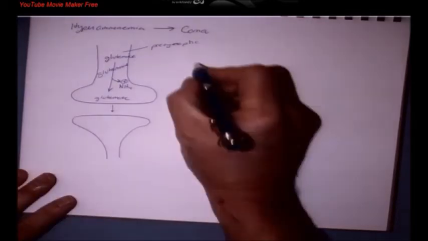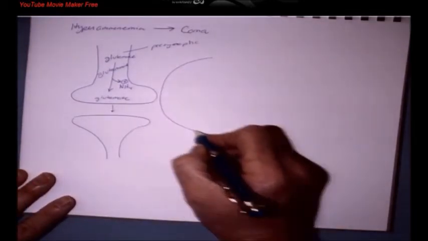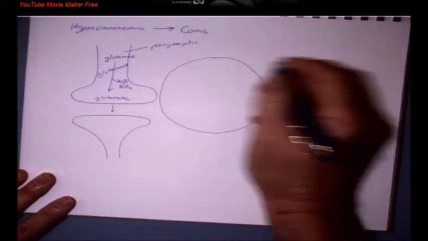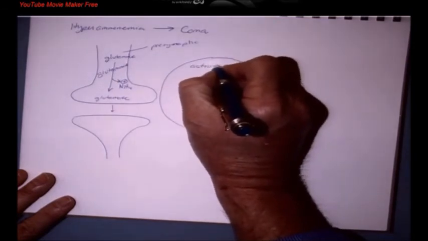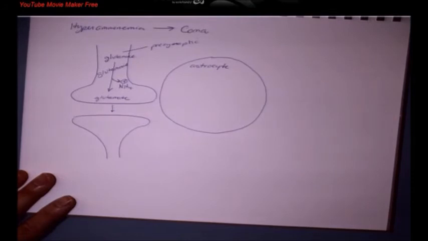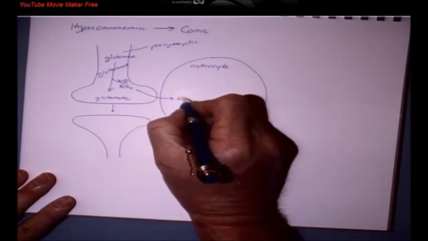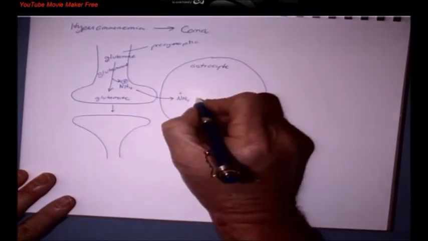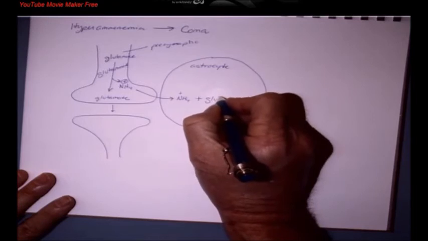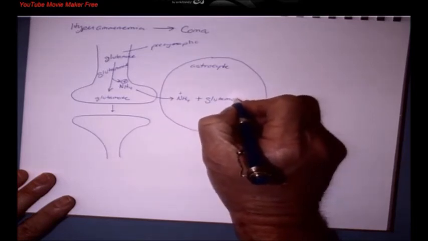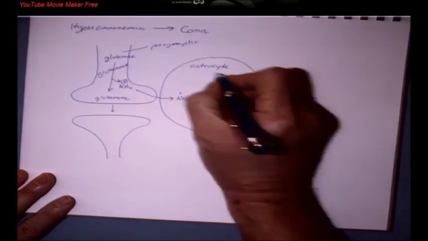Now let's go to another real fancy cell type. They're not round. The astrocyte. So the job of the astrocyte is to do this. It's to take this ammonium ion, add glutamate to make glutamine.